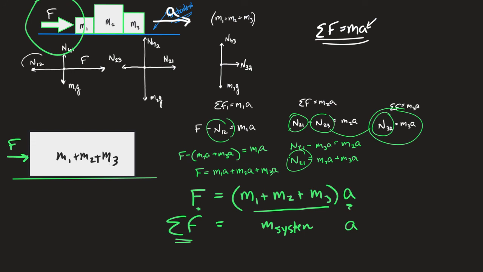That's really what's being said here. That the applied force on the side didn't know it was pushing on 3 boxes. It just knew I was pushing on something that had the inertia of those 3 boxes. And the system responded with a net acceleration that was based on that net force.